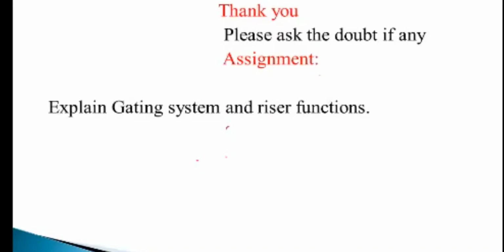Let us summarize our topic today, which we have covered. First we have taken the riser. What is a riser? A riser is a reservoir in which molten metal is there.